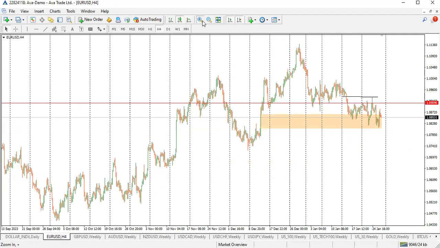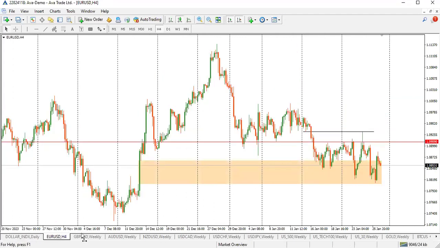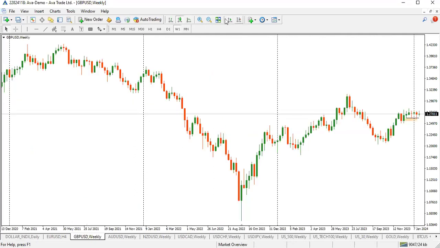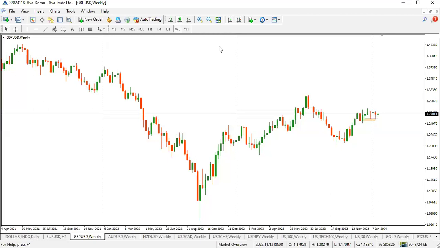Okay, the next one is our cable, GBP USD. I told us that we're going to have consolidation. We go back, listen to that. I told us that we will consolidate because we are at a level where price is neither going up or down.